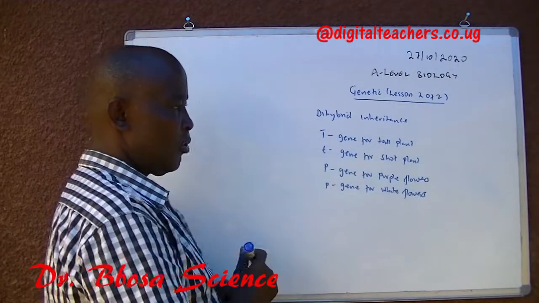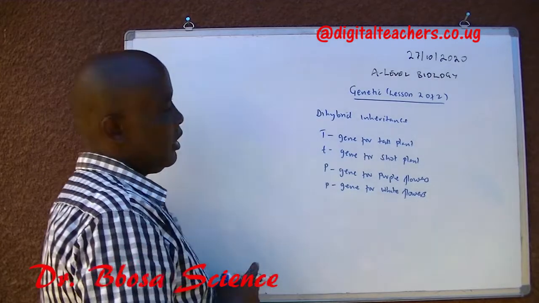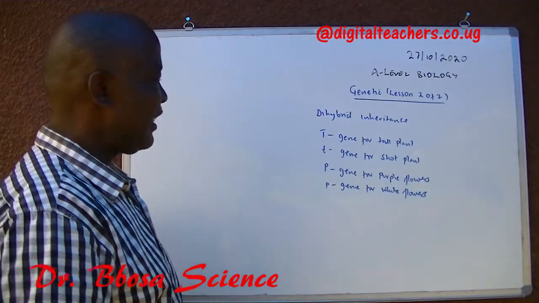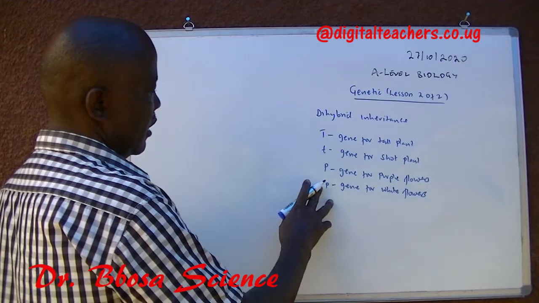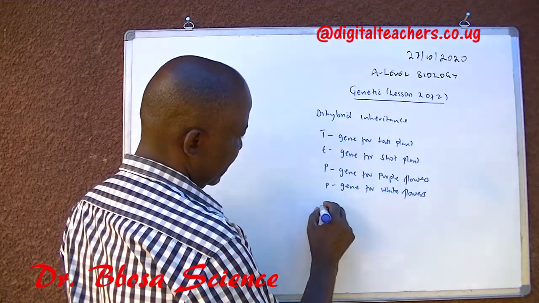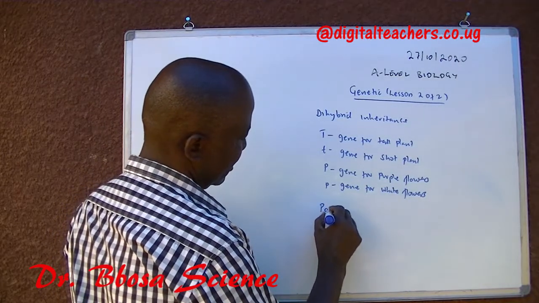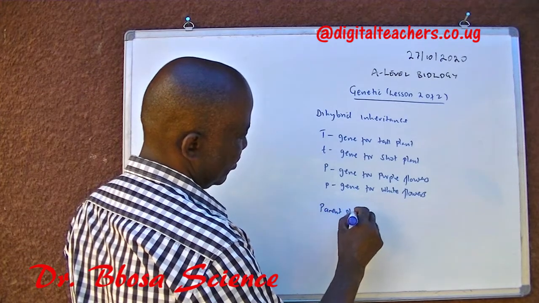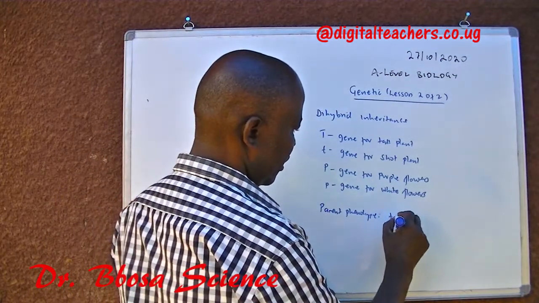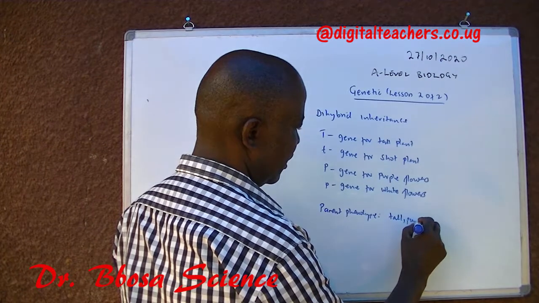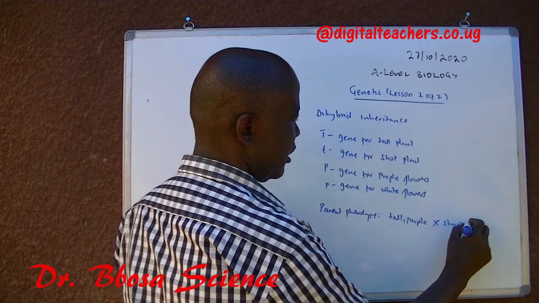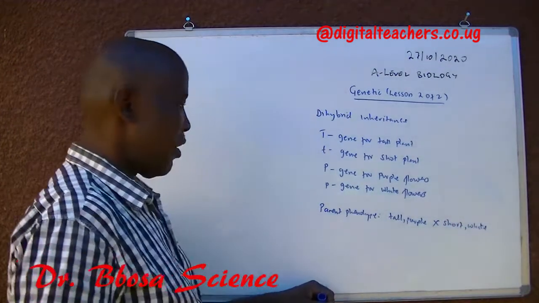If capital T is the gene for tall plant, small t the gene for short plant, capital P the gene for purple flowers, small p the gene for white flowers, the cross can be carried out as follows. Parent phenotype: we have tall and purple flowers against short, white flowers.